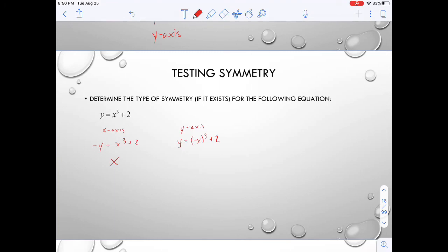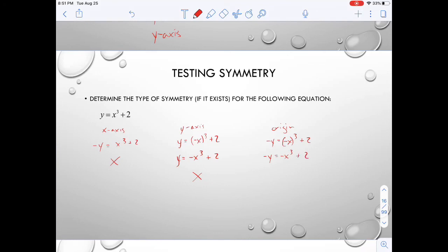And when I simplify the opposite of x cubed, I'm going to get negative x cubed plus 2. This one doesn't work. If I try to check origin symmetry, I'm going to have the opposite of y equals the opposite of x, all cubed, plus 2. When I simplify, I get negative y equals the opposite of x cubed plus 2.